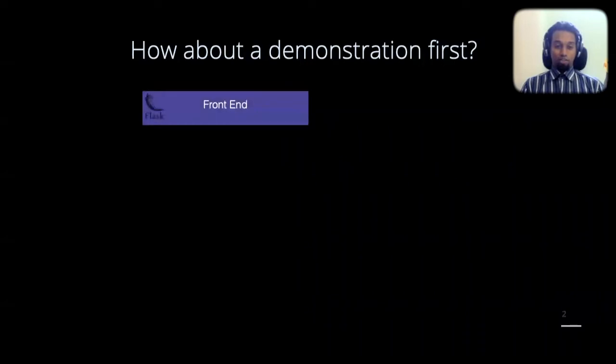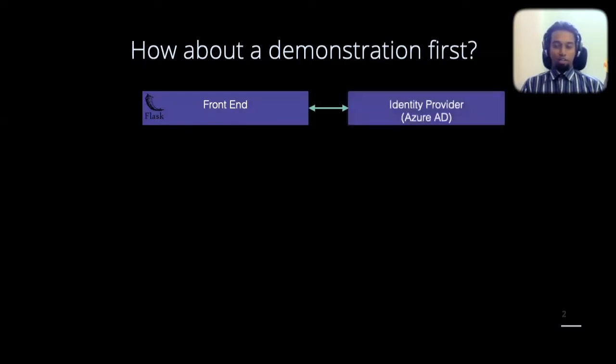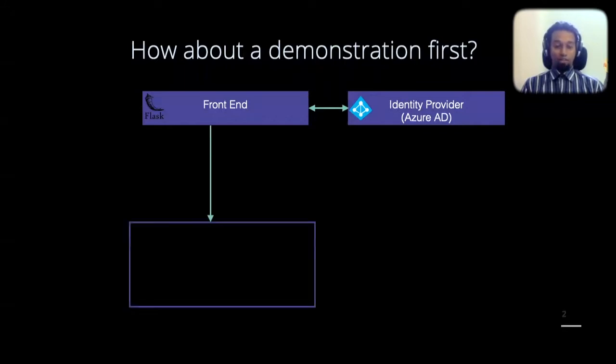So here's a little bit of introduction to our demo environment. There's a front-end application, which is built in Python Flask, which uses Azure AD as an identity provider. This front-end application is for managing cars. People can come into this application and list the number of cars that are in the system, and if it is a car administrator or a salesperson, they have the ability to add cars into that system.